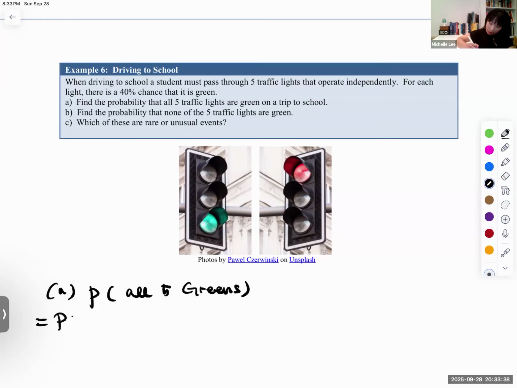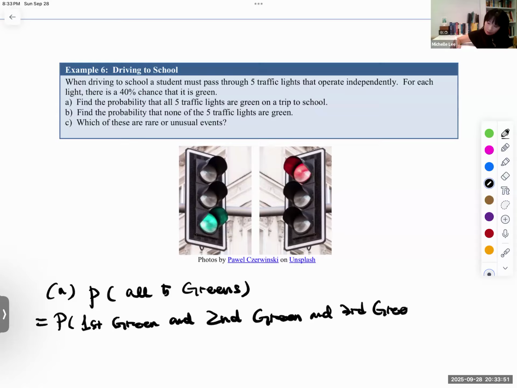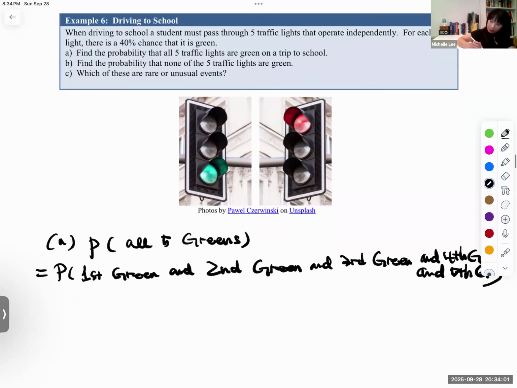That means first green and second green and third green and fourth green and fifth green, right? All right.